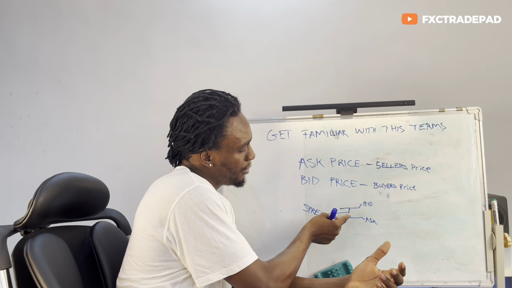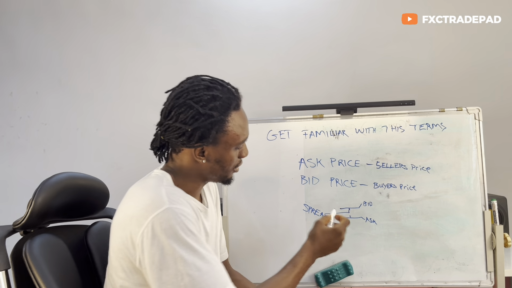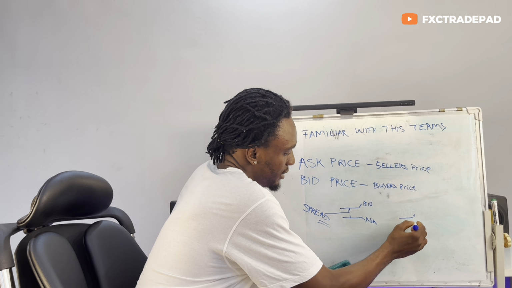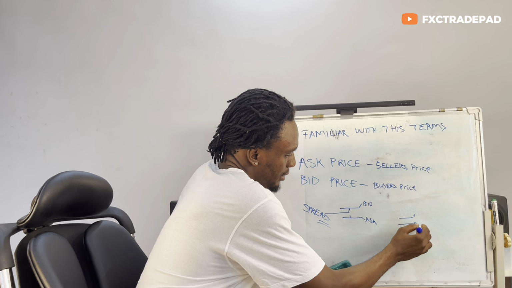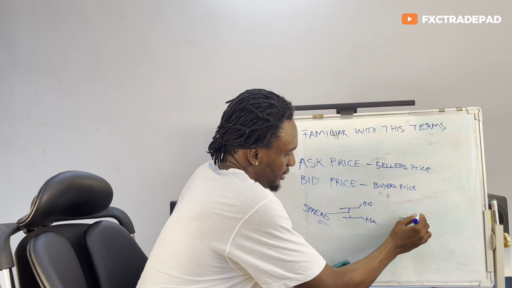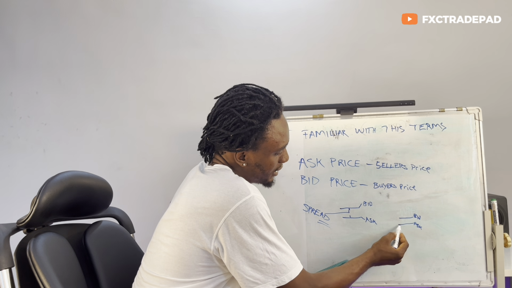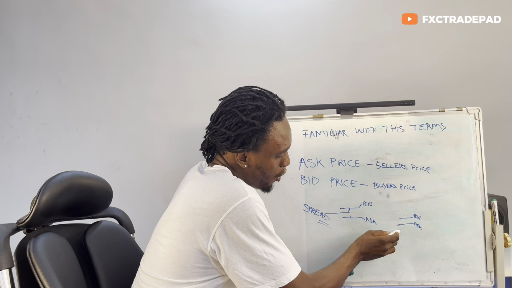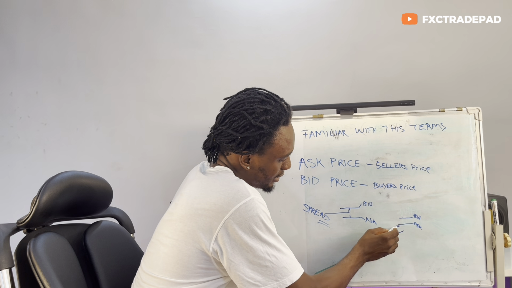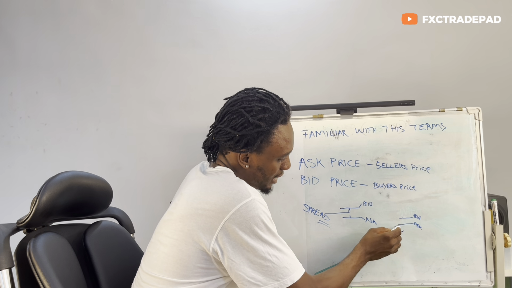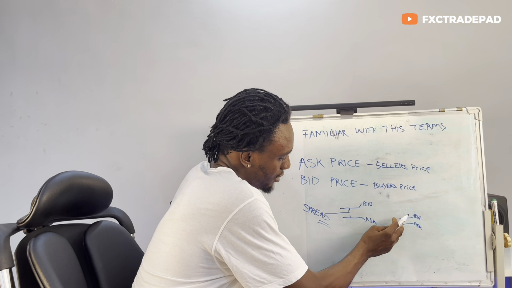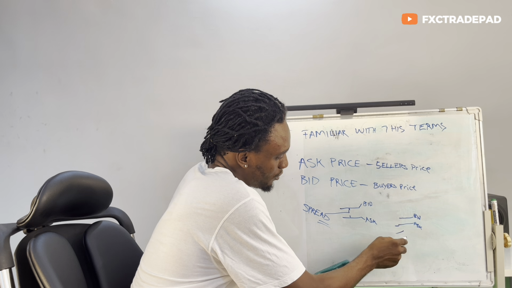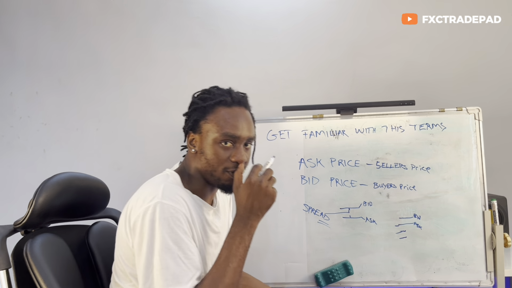And that gap, let's say you make a sell at this point, the one at the bottom is ask and the one at the top is bid. So let's say you take a sell here. Now these 2 lines have to move below the line where you made the sell before you are in profit.